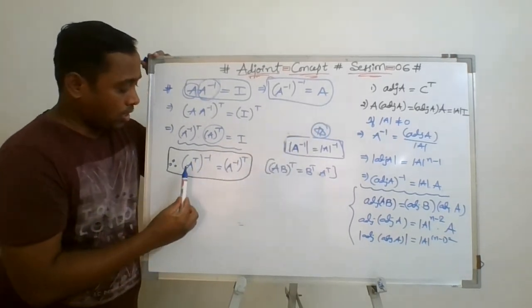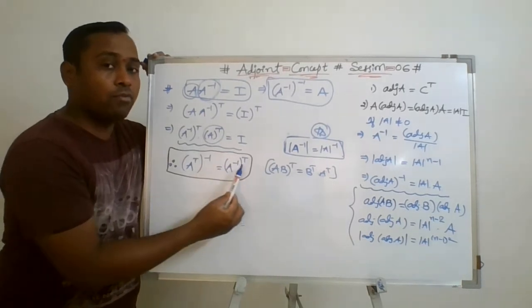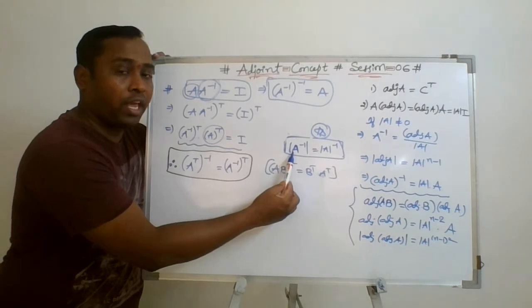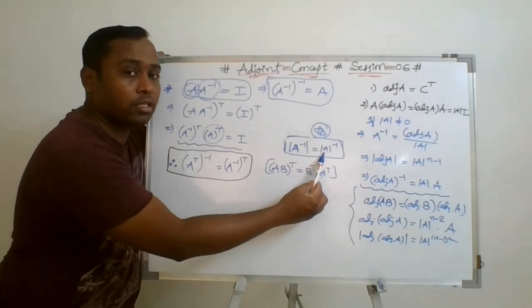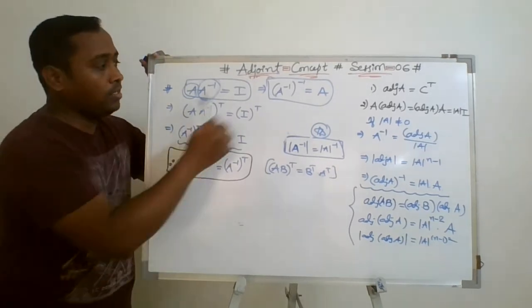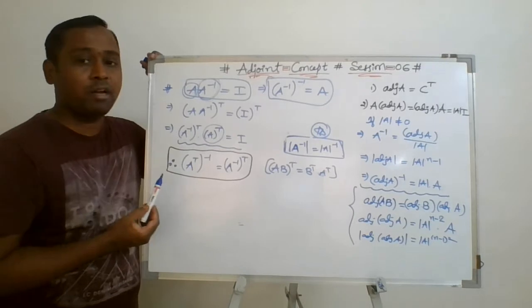Second thing is what? A transpose whole inverse is equal to A inverse the whole transpose. Third result, det of A inverse is simply what? Det A the whole inverse, or 1 by det A. So these are the three important results derived from this fundamental one.